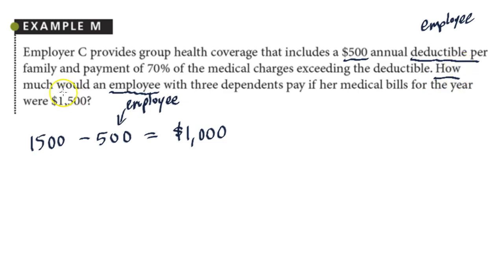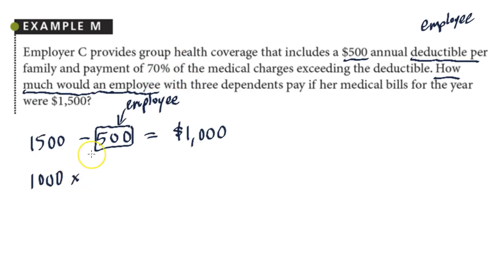It says right here, how much would an employee pay for the amount? So we already have 500 that the employee has paid, and now we want to figure out of that $1,000, how much is the employee going to pay out? From the $1,000, they'll not pay the 70%, but the other portion, which is 30%.